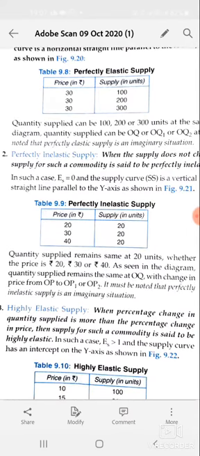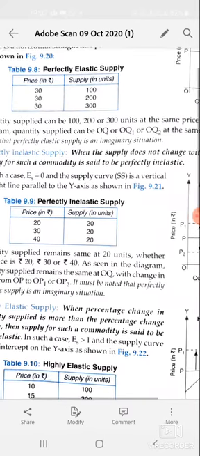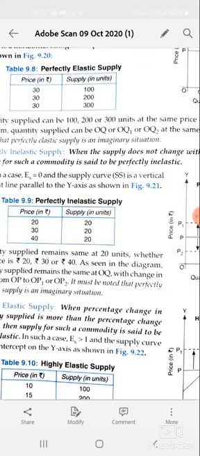Second, perfectly inelastic supply, or we can say Es is equal to 0. This case is the opposite of perfectly elastic. Now in this case, either price goes up or goes down, quantity supplied remains constant.